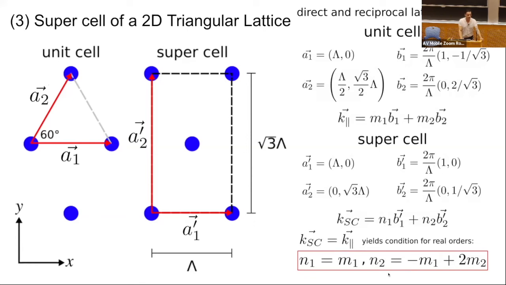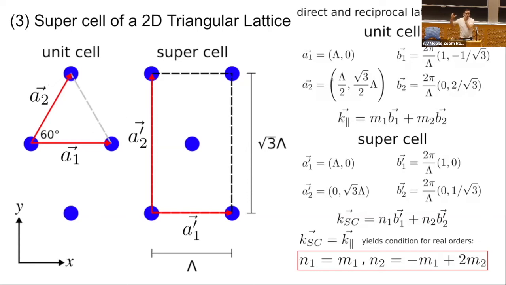Again, just to review, you want to model a 2D triangular lattice in Meep. You have to represent that using the supercell, but then you want to compute the diffraction orders of the actual unit cell, which are specified by M1 and M2. Those are the integers that describe this linear combination of the reciprocal lattice vectors of the actual unit cell.